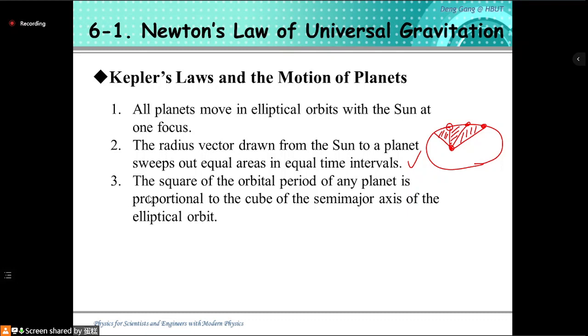That means if you are far from the sun, the orbital period should be longer. That's why the period of Pluto is much greater than the period of the Earth. So that's Kepler's three laws.